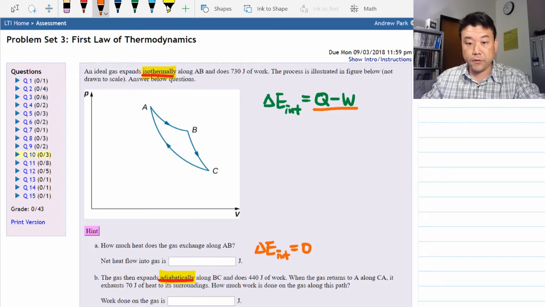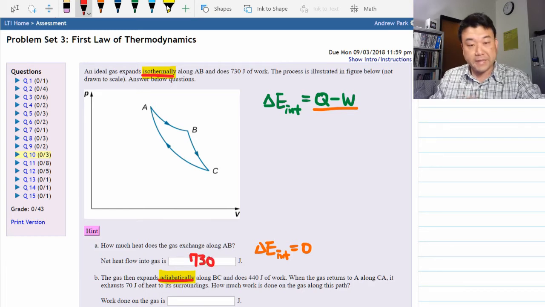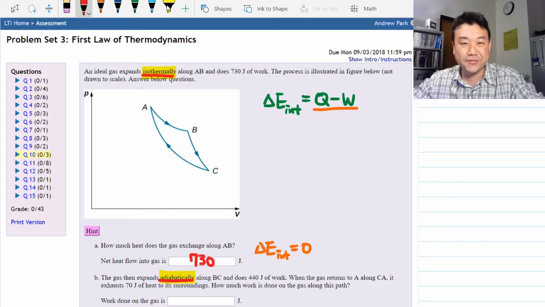So net heat flow into the gas must be equal to the amount of work being done, 730 joules. That's it. If it seems too simple, well, that's why you should read the question very carefully. This is actually a very simple question.